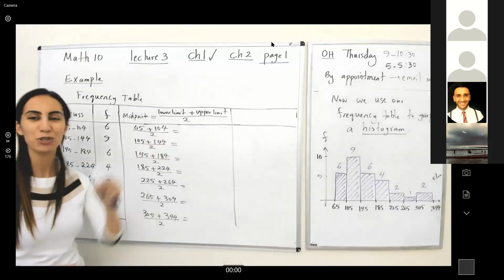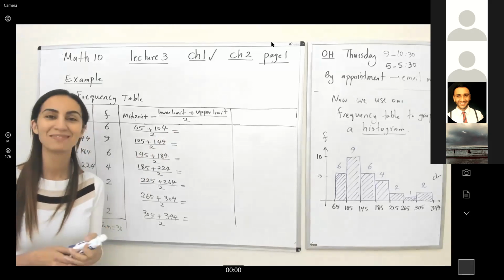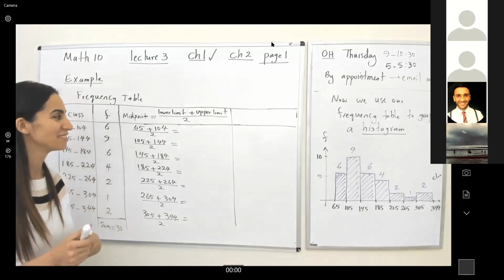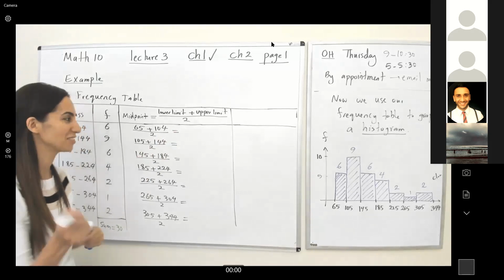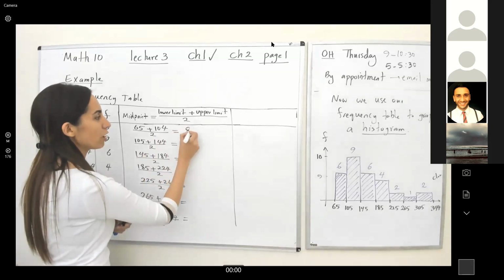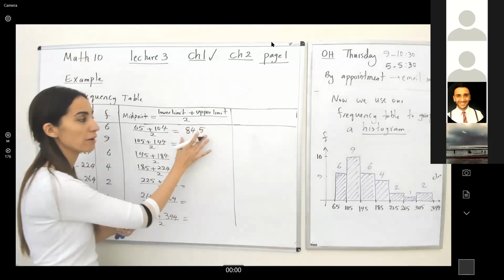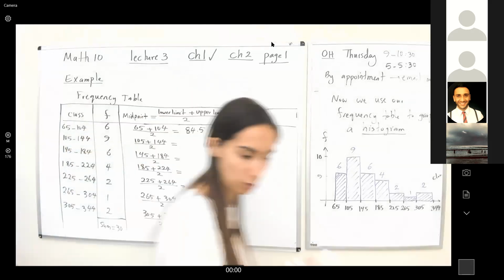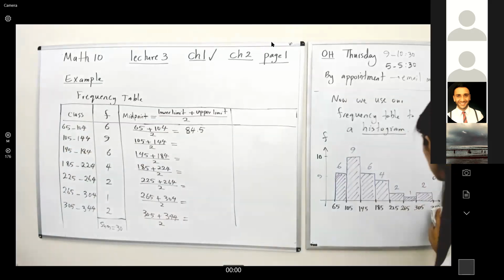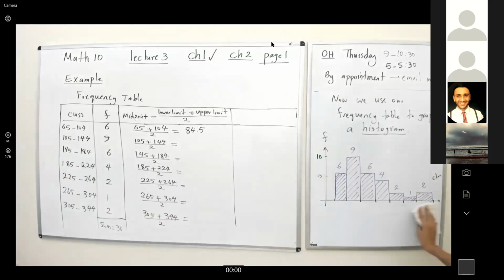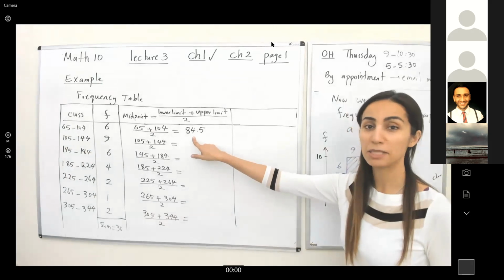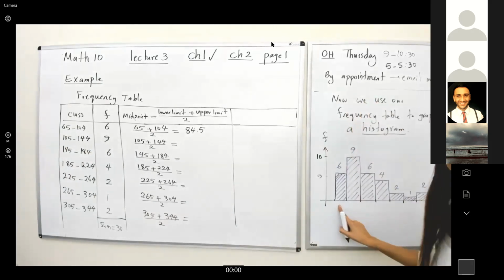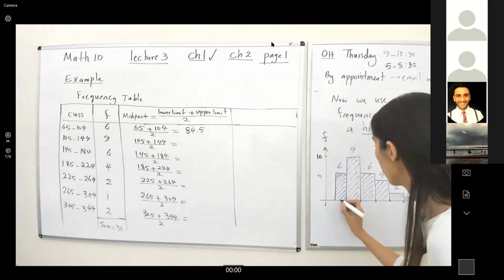Okay, what's the midpoint for the first class? It is 84.5. Thank you so much. So where is that? If you look at your histogram here, you can use a representative like a midpoint to represent the first class, 84.5.